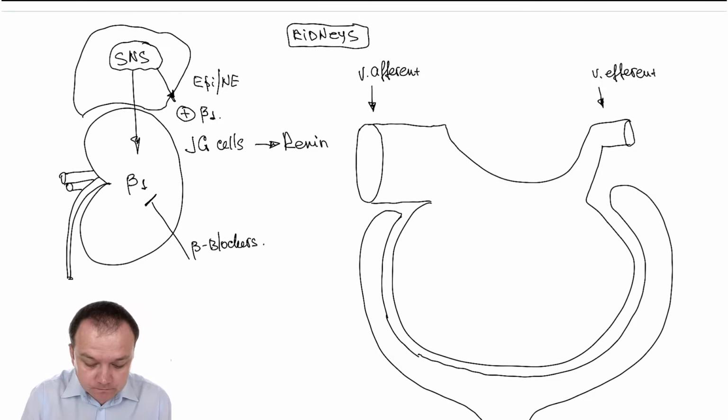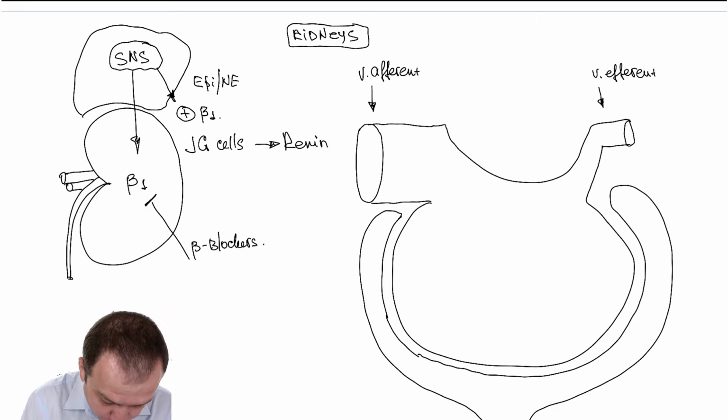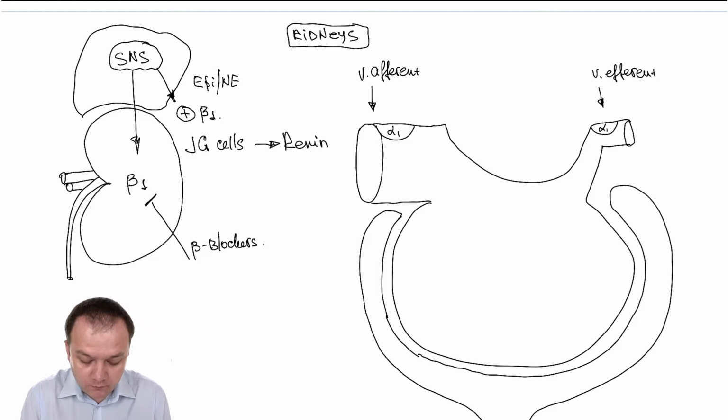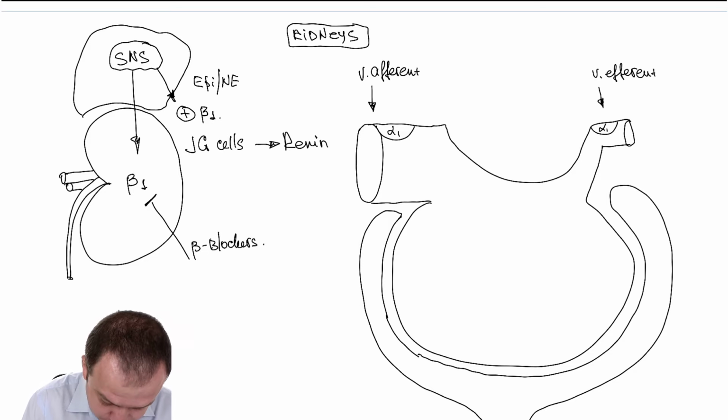So vas afferent and vas efferent both have alpha-1 adrenergic receptors. More for vas afferent, so let's make it bigger. Alpha-1 adrenergic receptors.